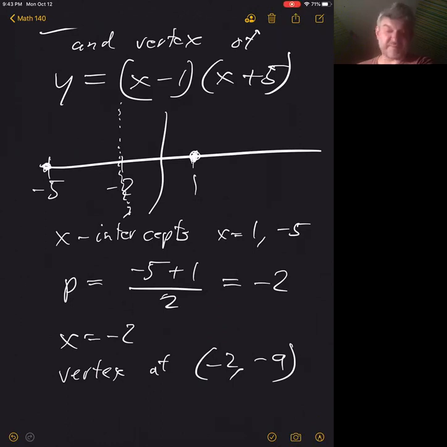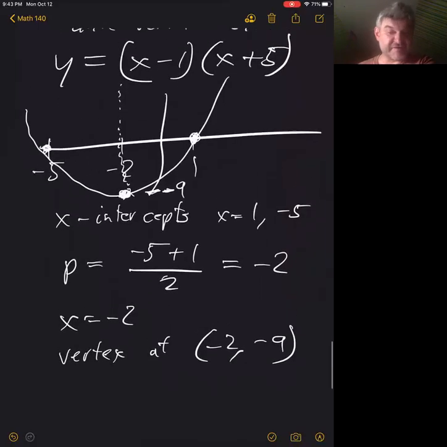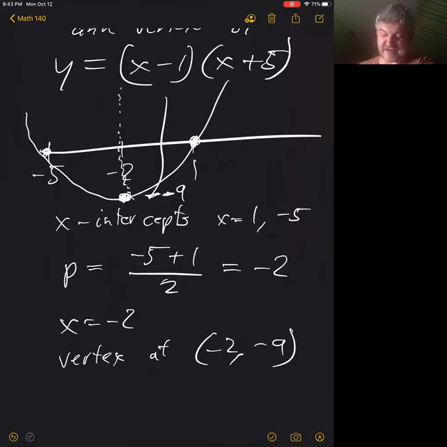So that depends on the scale on the y-axis, the unit on the y-axis. Let's pretend it's here. We got that vertex, and the whole parabola looks like this. Much easier to find your vertex and axis of symmetry that way, using that it's in the middle between the x-intercepts.